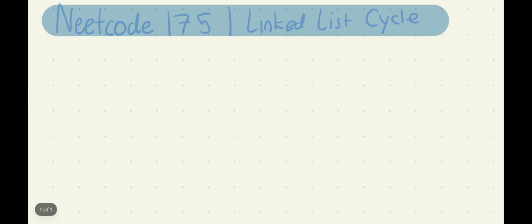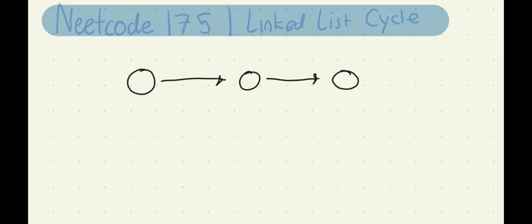In the rabbit and the tortoise algorithm, we have one pointer that moves slowly and one pointer that moves fast. For example, let's have a linked list like this. Let's say that we have our rabbit here and our tortoise here.